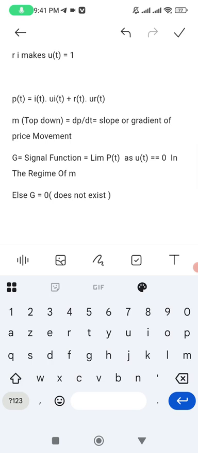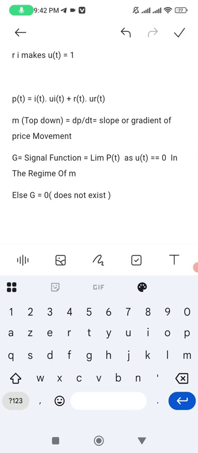We don't need to consider U of t approaching 1, because if we can work harder and make sure that U of t approaches 0 in the environment or in the regime or in the season of M, then we don't need to worry about U of t being equal to 1, because naturally U of t will just become 1, and then the impulse signal will exist and we'll be able to trade it.